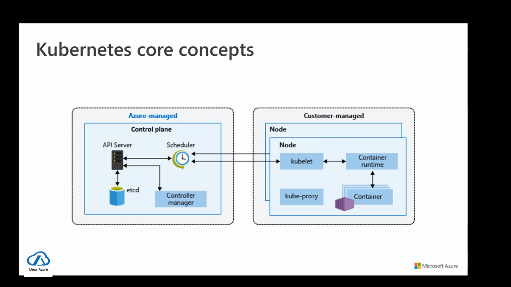So a control plane provides the core Kubernetes services, all the orchestration, and the application workload. You have the scheduler, you have the controller manager, the API server, and so on. Then, in the nodes, you run your actual application workloads.